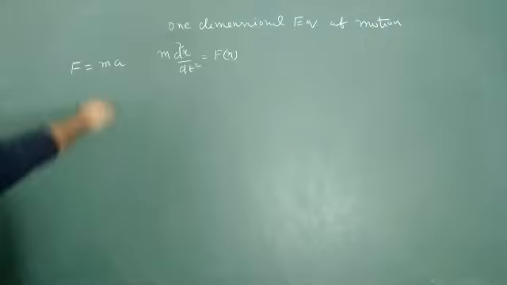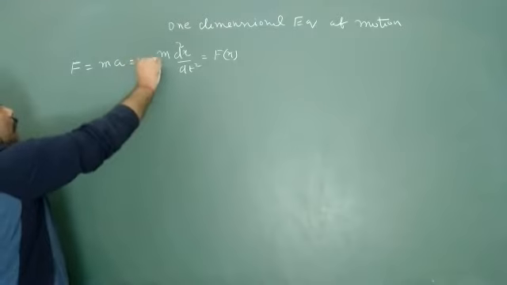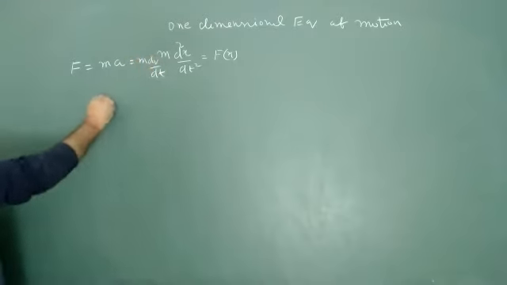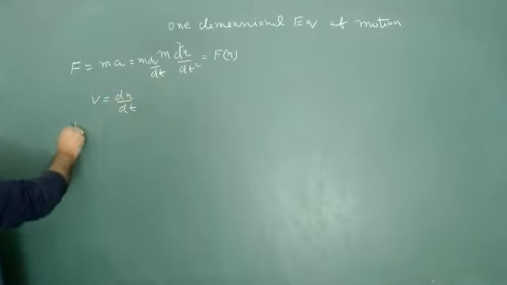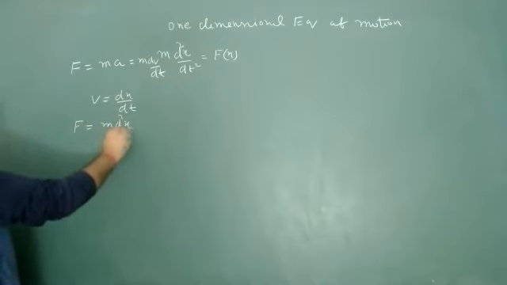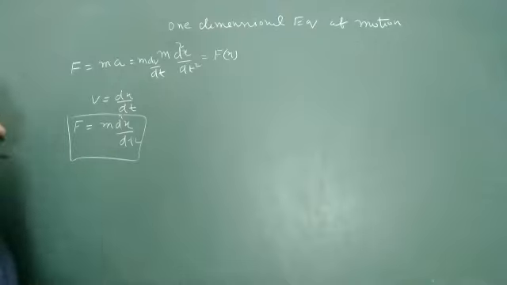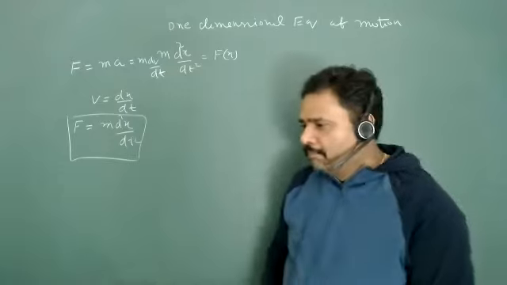And a is nothing but dv upon dt. And v is nothing but dx upon dt. So we have F is equal to m d square x upon dt square. This is our ultimate task for classical mechanics.